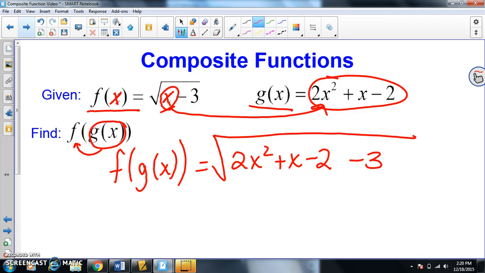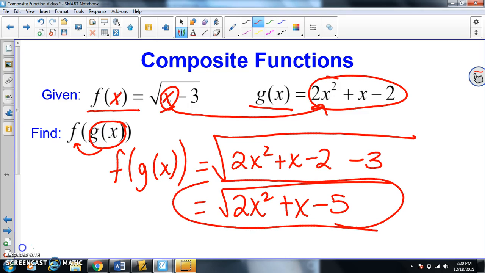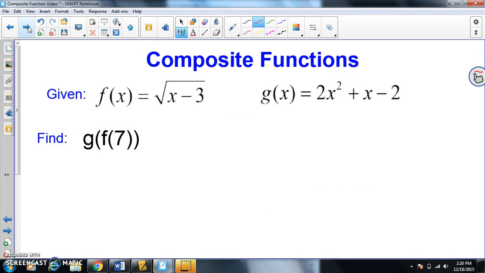I then need to simplify. This is equal to the square root of 2x squared plus x, then negative 2 minus 3 is minus 5, as our answer, because we took our inside function and put it into our outside function.